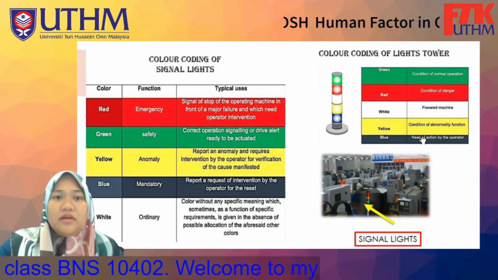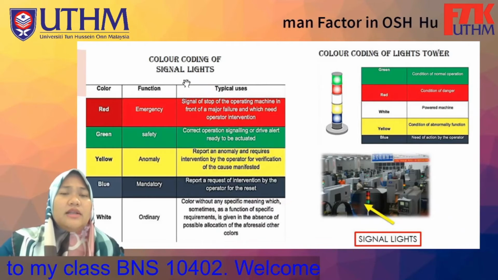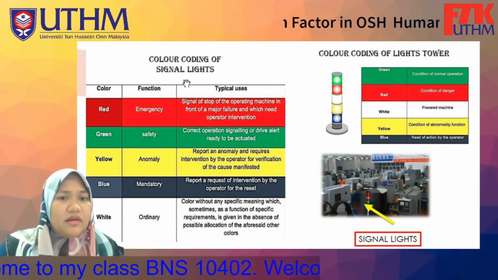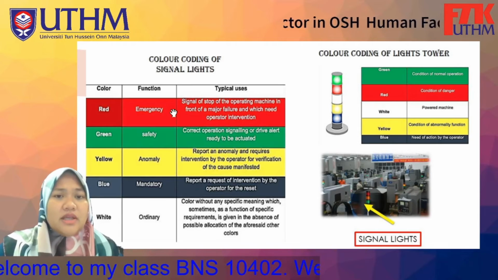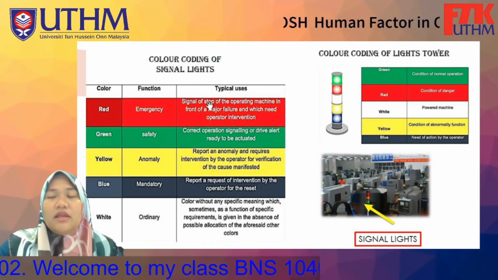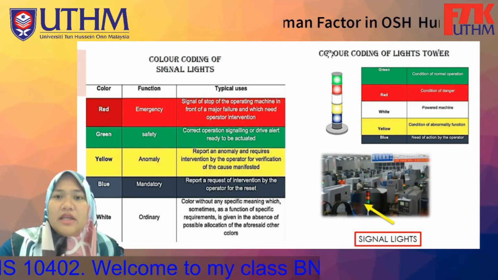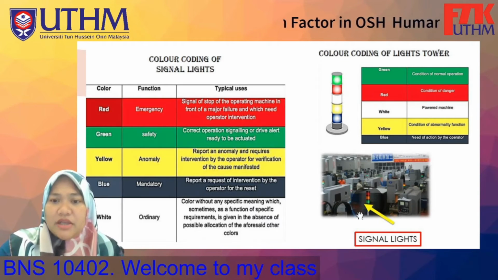Color coding of signal light. Red is usually emergency. For example, if you visit a company, you have a machine, and mostly on top of the machine they have a signal light.